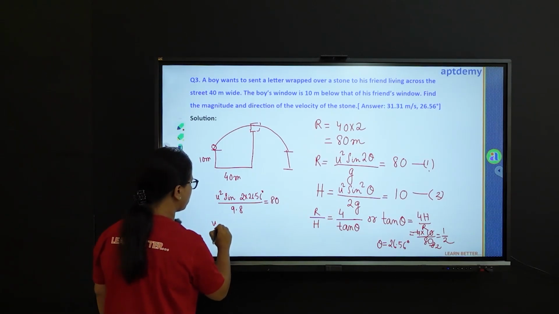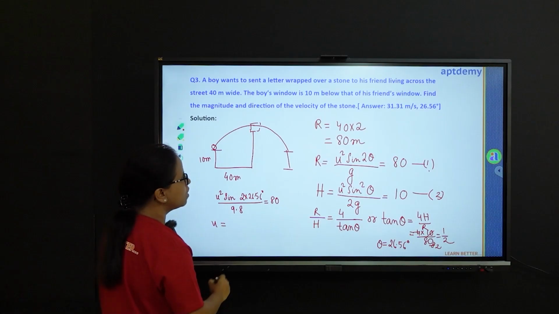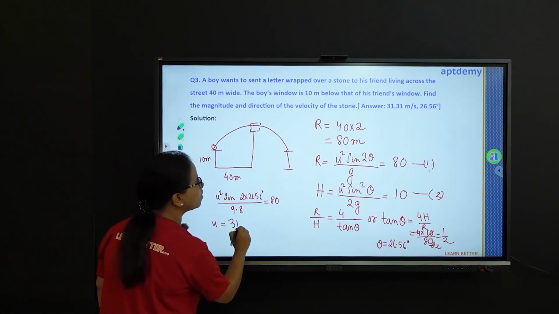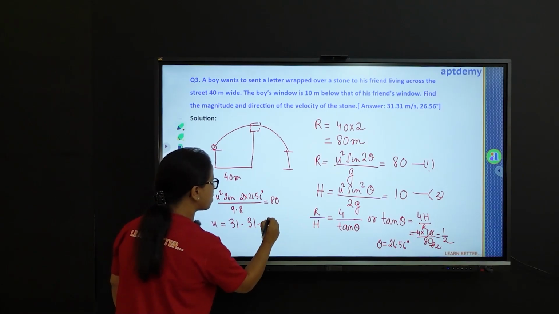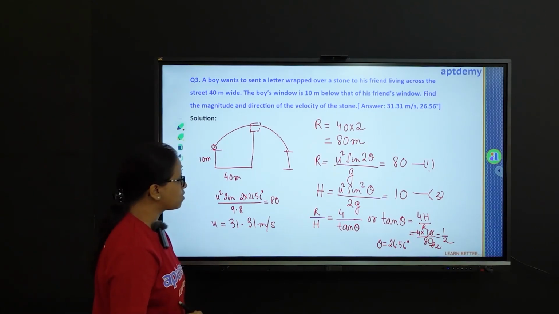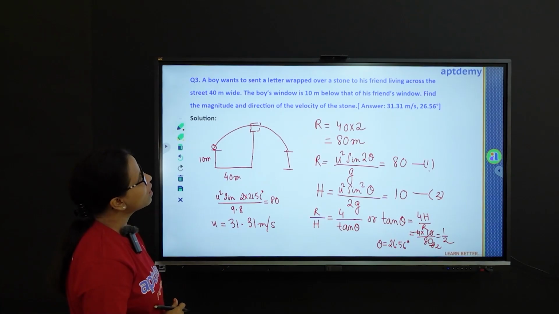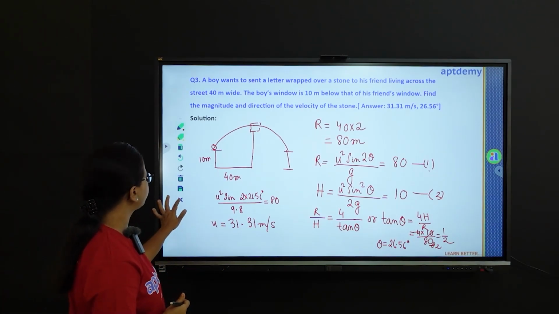So just substitute the values and we are left with u equal to 31.31 meters per second. So this is the velocity with which the boy has to send the letter to his friend.